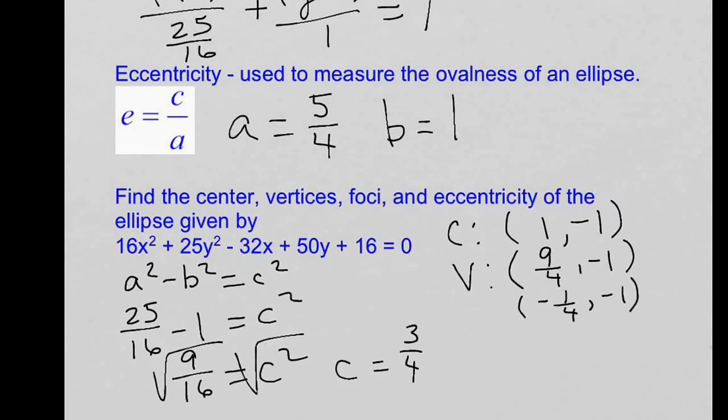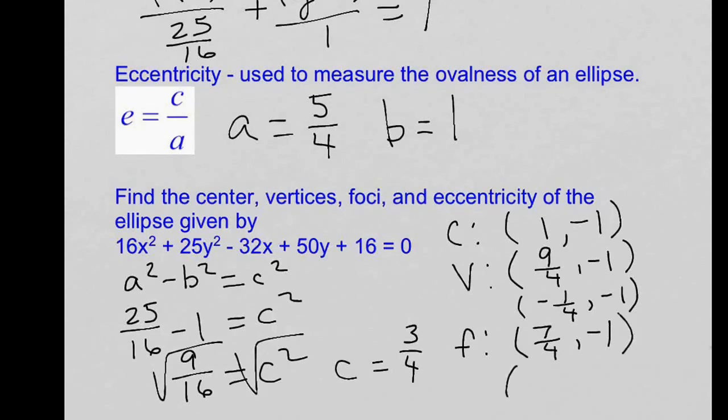My foci, I'm going to be adding and subtracting C, which is 3/4. So that's going to be 7/4 and -1. And when I subtract, it's going to be 1/4 and -1.